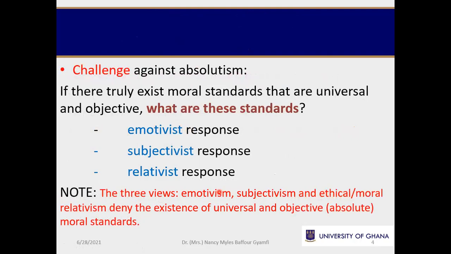So, universalist because it applies to everyone, regardless of your context, culture, gender, etc. Objectivist because it is not dependent on the subject's viewpoint, and absolutist because those moral standards stand out. They are absolute. They don't change. They are absolute, says that school of thought.